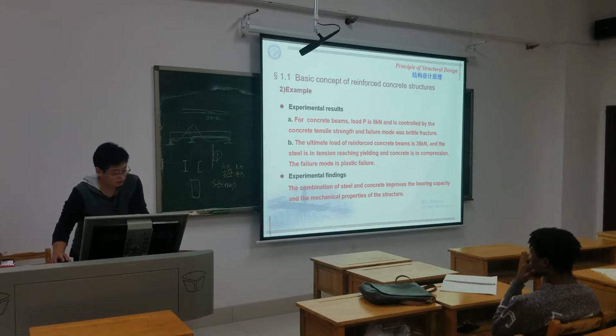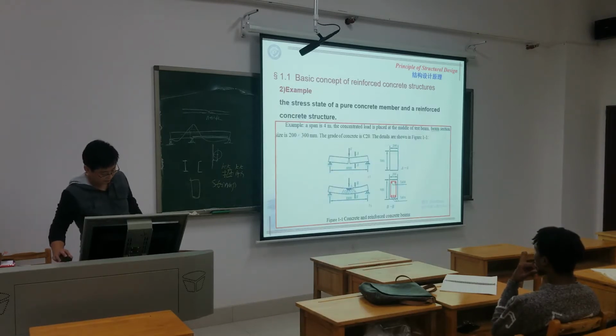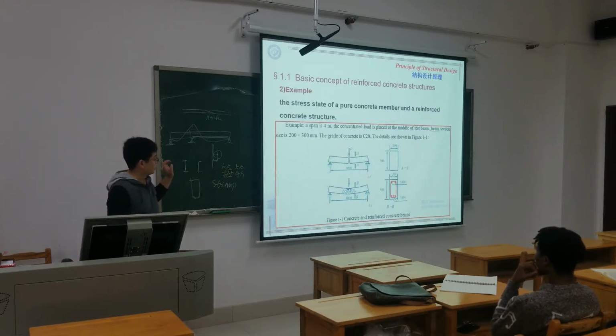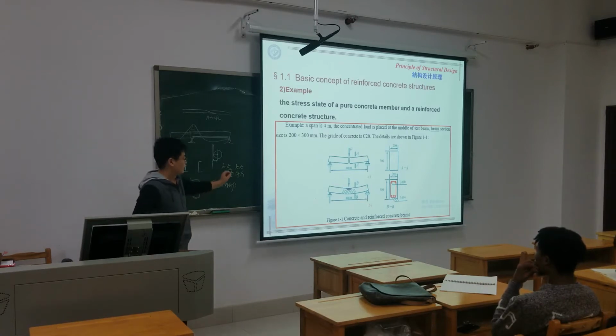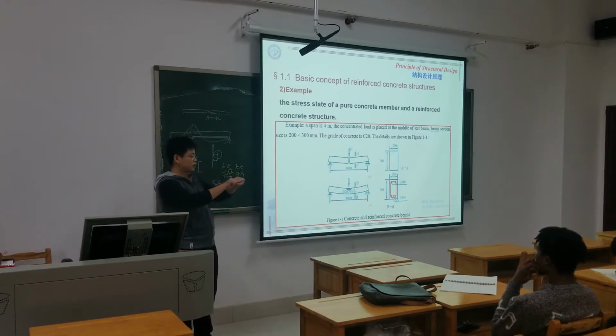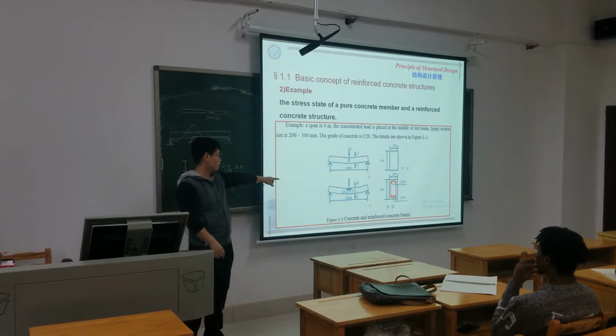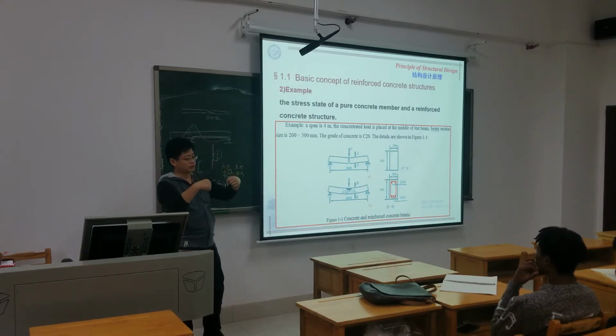Maybe sometimes it's not controlled by steel tension. The ideal situation is that the steel reaches tensile strength and the upper part of the concrete reaches the compressive strength. This is the ideal situation.